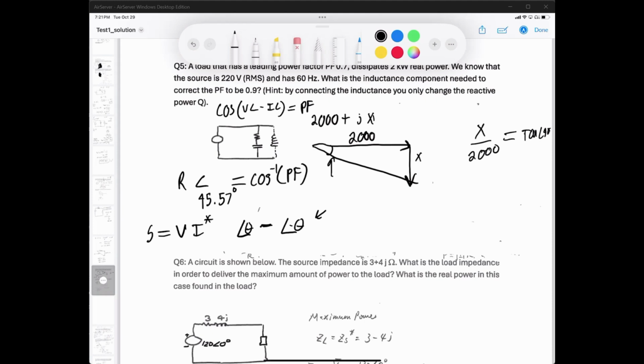We get var is equal to 2040. And now we have the first value we need to solve this problem.